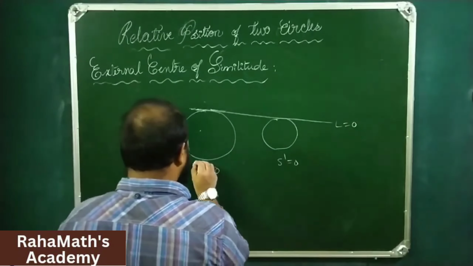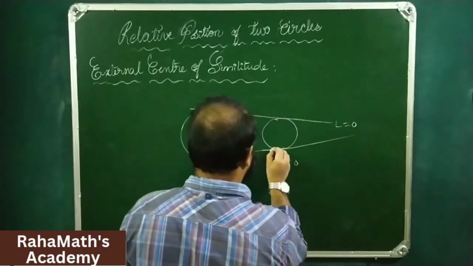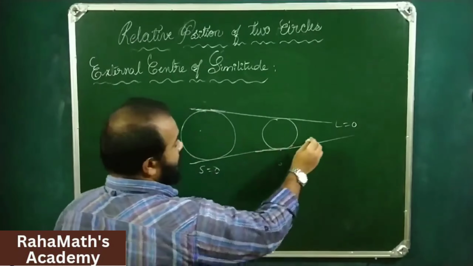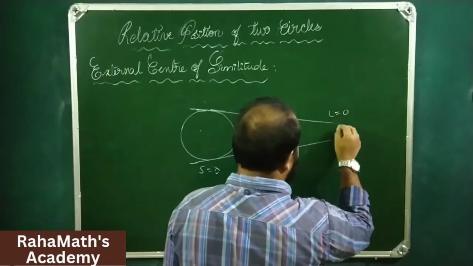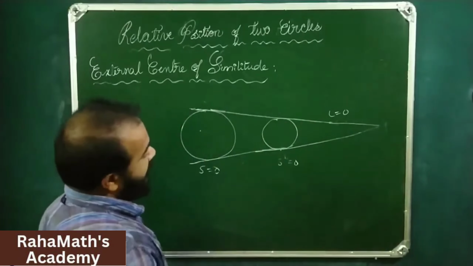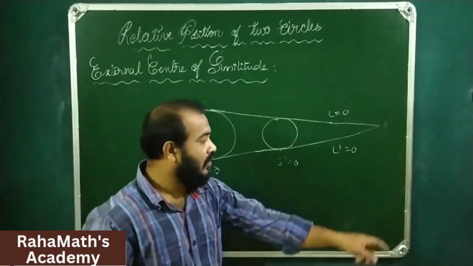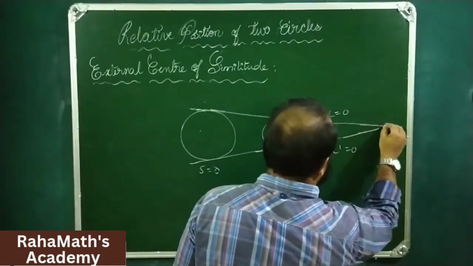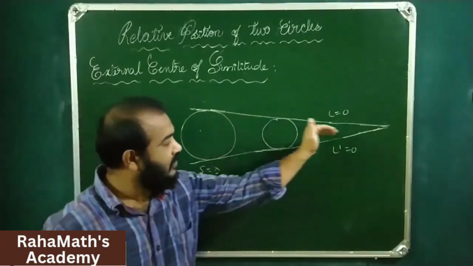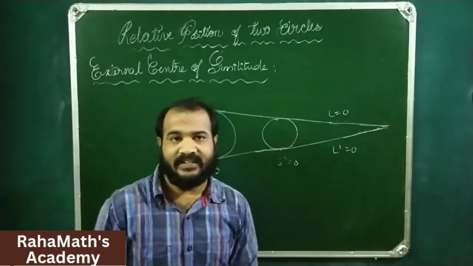And if I take another line, the earlier one is L equals 0 and this one is L dash equals 0. Both these lines are direct common tangents.